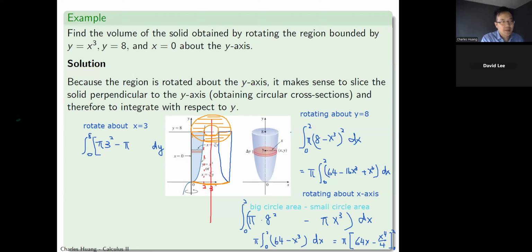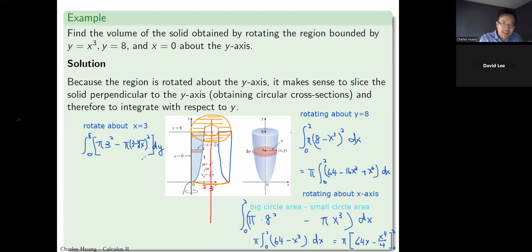And then the inner distance is the distance between my curve, x equal to cube root of y, and 3. But 3 is larger, right? 3 is larger, further to the right. So I have to do 3 minus cube root of y. Oh, very messy.